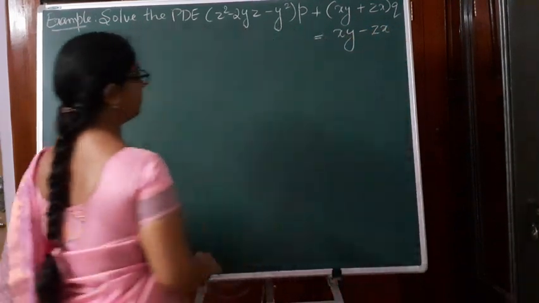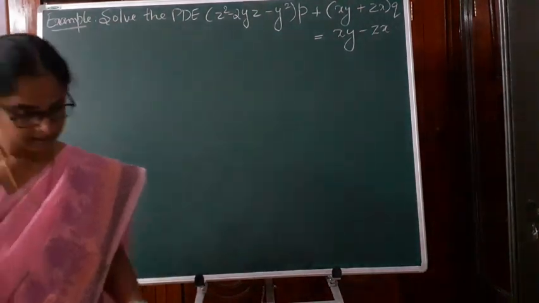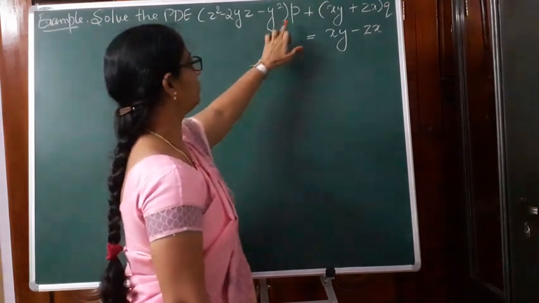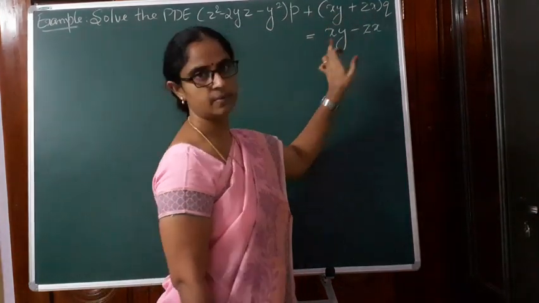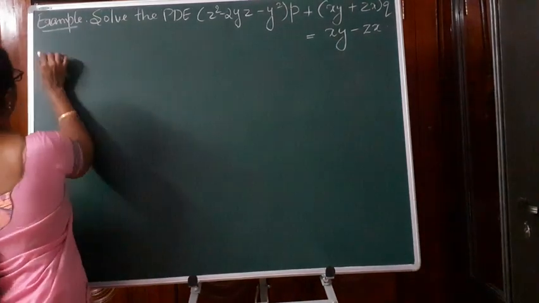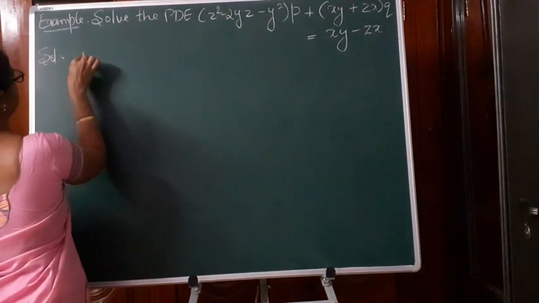This is a first order partial differential equation and it is of the form capital P p plus capital Q q is equal to R, where capital P, capital Q and capital R are given by the functions.